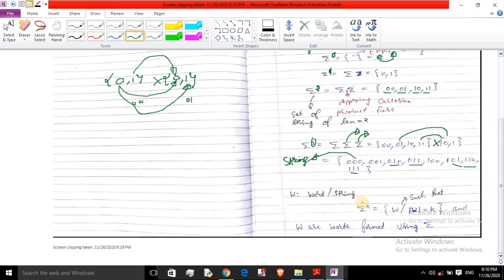There is a word or a string. This is the generalized form for the power of an alphabet.